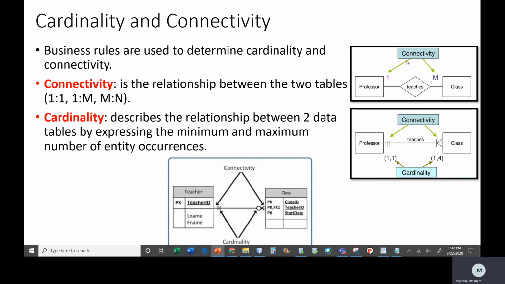In a one-to-many relationship, we put one line to represent the one side, and then we put the many symbol to represent the many side. And then we saw these little extra lines that I told you we're going to talk about. So here, we're going to say that in this institute, a professor is only allowed to teach up to 4 classes.